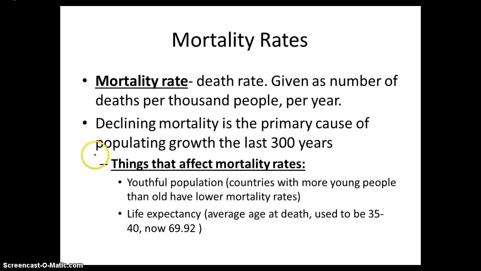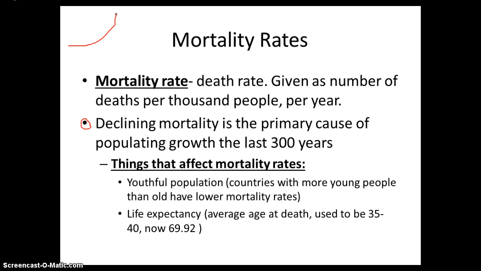What I want to note that's really interesting is that overall, mortality rates are the primary cause of our increase in population growth over the last 300 years. That graph I showed you initially, with human population increasing exponentially, it's not because we're having more kids, it's because we're not dying.